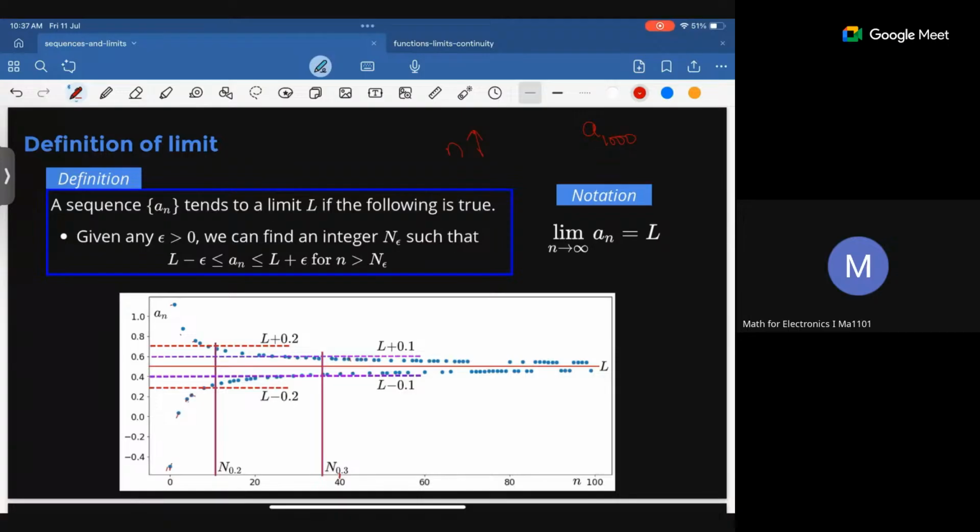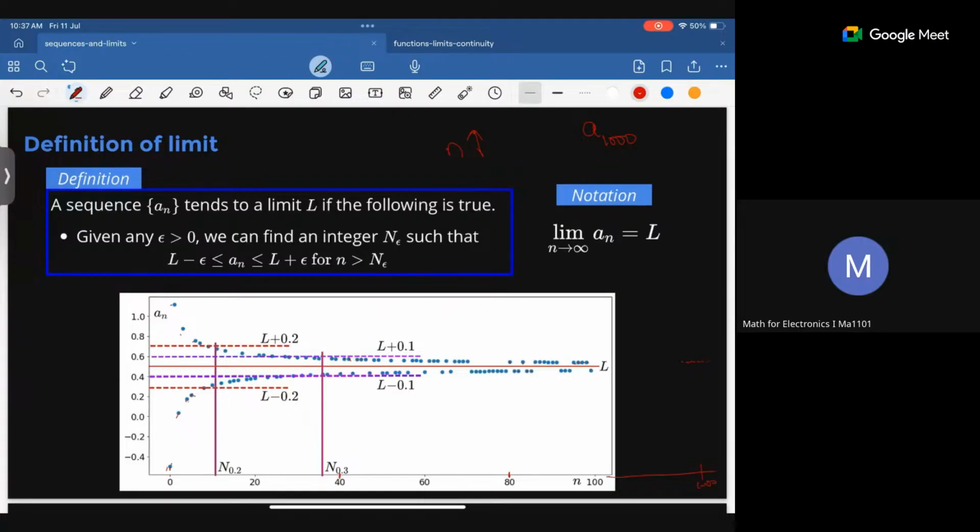As n becomes 80, you can see the sequence terms are very close. As n becomes 100, you can see almost the same value. As n becomes 1000, if you drag this, it will be like this, right?